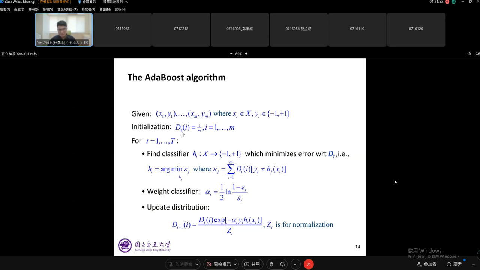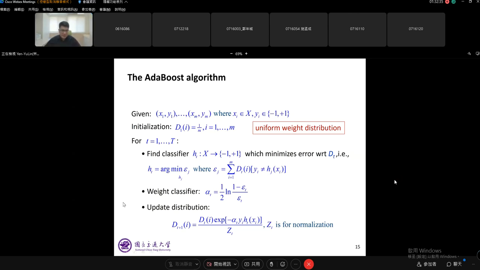Since there is no prior knowledge about which data points are more important, D1 of i is set to the value of 1 over M. It means that this is a uniform distribution in initialization. It is intuitive. If you have some prior knowledge, you can initialize the data weight in your own way. But in most cases, AdaBoost starts from a uniform weight distribution.